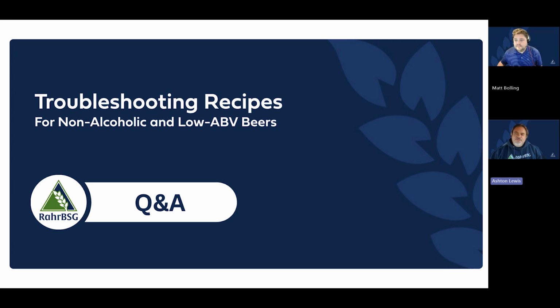But one thing I will say about these recipes is that I've been interested in non-alcoholic beers for a long time. In fact, I referenced that I had the Firestone Fletcher NA back in 1987, which sparked my curiosity. And there's been a lot of ongoing evolution of knowledge in this space, and a lot of really good sharing of information. It's a segment of the market that is not going anywhere.